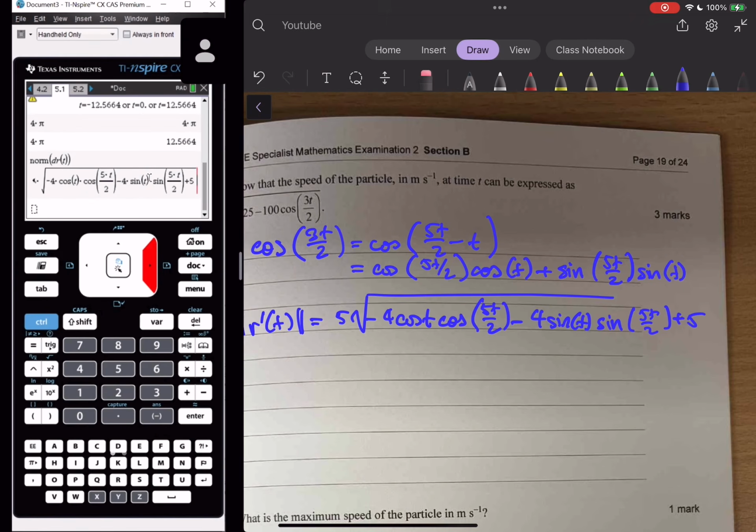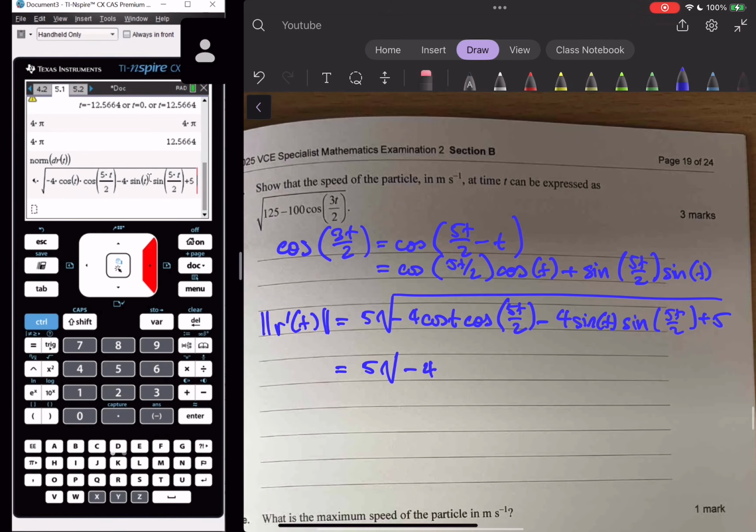Okay, well, this simplifies to 5 square root of minus 4, and you'll see if we factor out negative 4, we get the cosine of 3t on 2 back, and then plus 5.